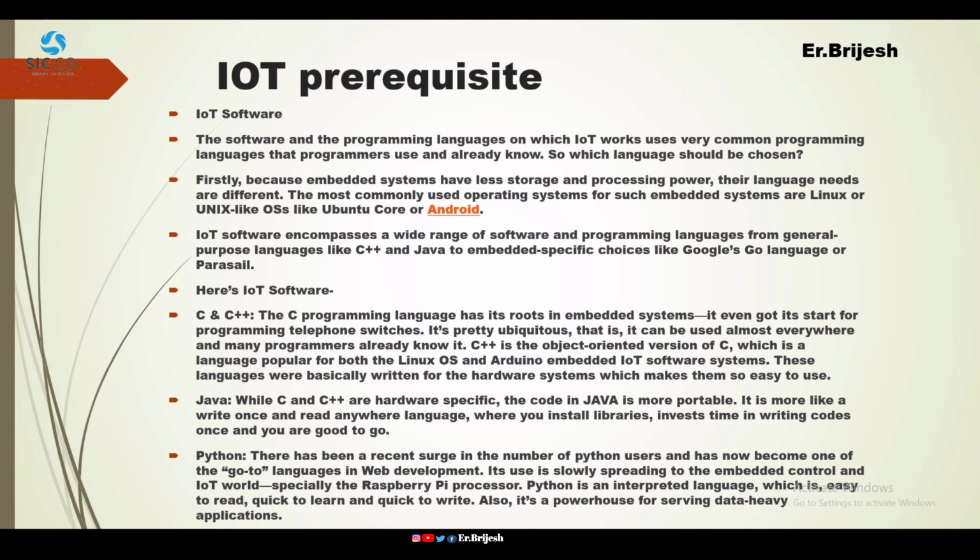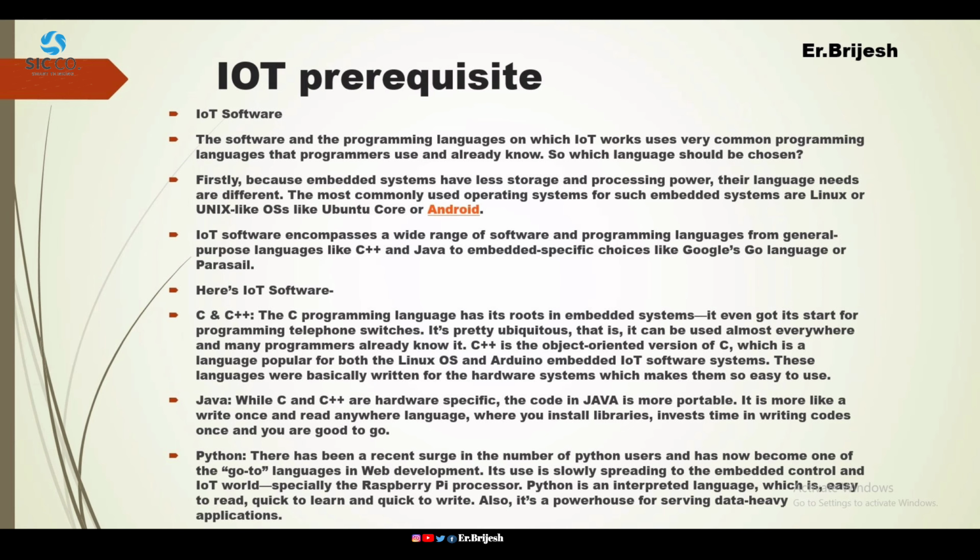The most commonly used operating systems for such embedded systems are Linux or Unix based OS like Ubuntu Core or Android. IoT software encompasses a wide range of software and programming languages, from general purpose languages like C++ and Java to embedded specific choices like Google's Go language or Parasail. So you must know about C, C++, Java, and the embedded specific choices.